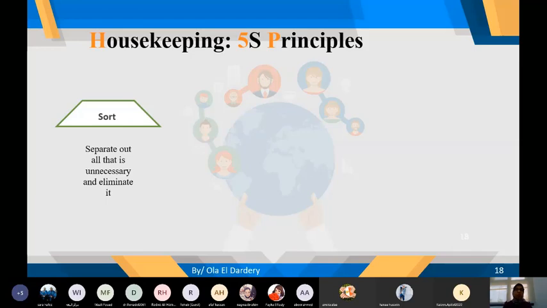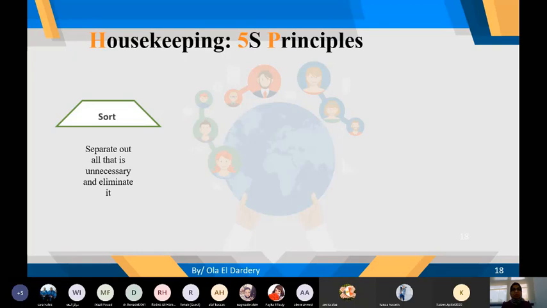So this is removing all unnecessary objects. And here we mean by housekeeping literally cleaning the workplace. This is related to where we work, the gemba, the work floor. Whether this is in a service industry or in a manufacturing industry, it's all the same. It's implemented in the very same manner.